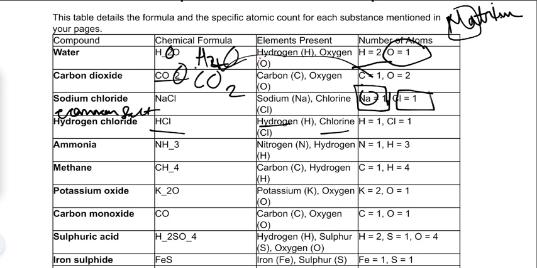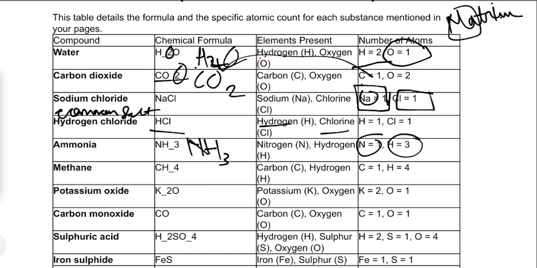What are the elements present in ammonia? The elements present in ammonia are nitrogen and hydrogen. 1 atom of nitrogen and 3 atoms of hydrogen. This will be written as NH3.